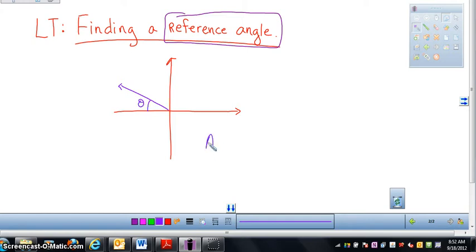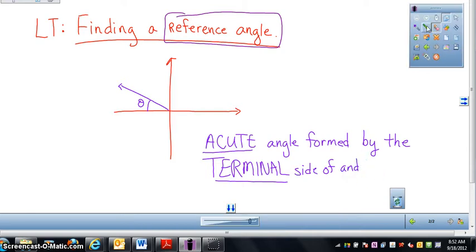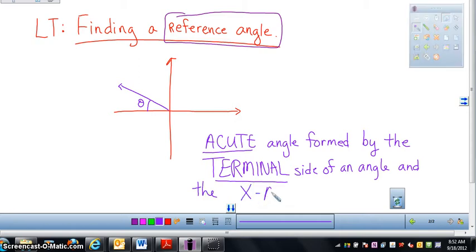A reference angle is an acute angle formed by the terminal side of an angle and the x-axis. Acute angle formed by the terminal side and the x-axis.